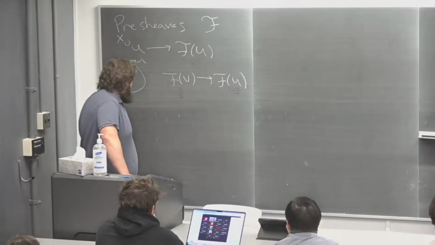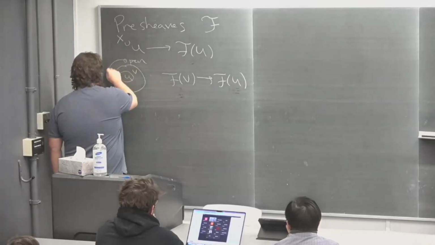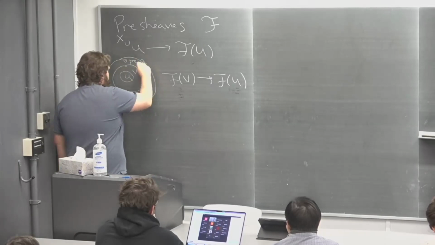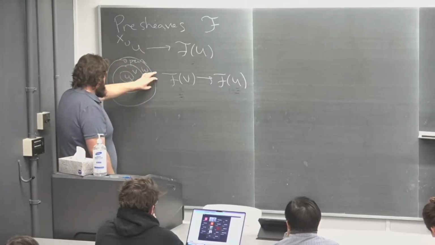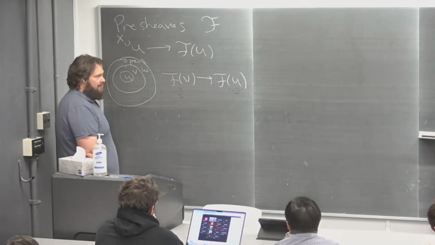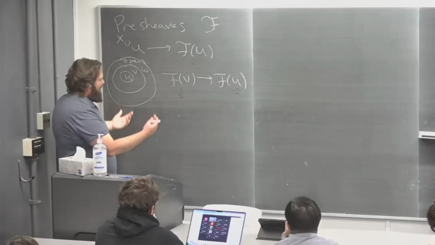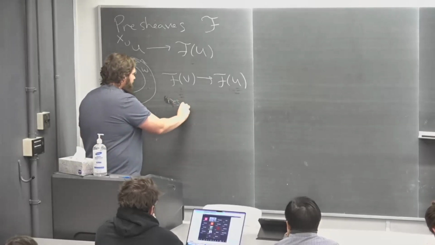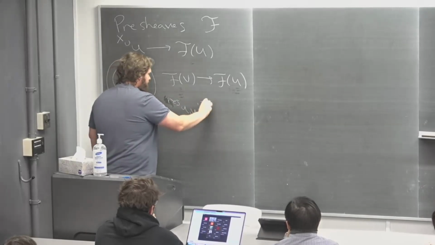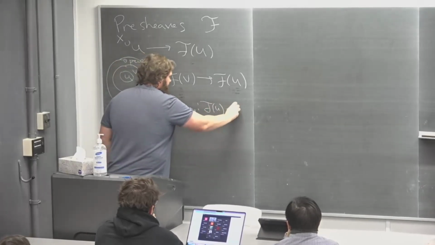And I require a transitivity here of, if I had a bigger open subset W, I could start on W and either do it in 2 steps or 1 step, and I would get the same answer. And apparently also I have to say that if I restrict from U to itself, that gives me the identity.